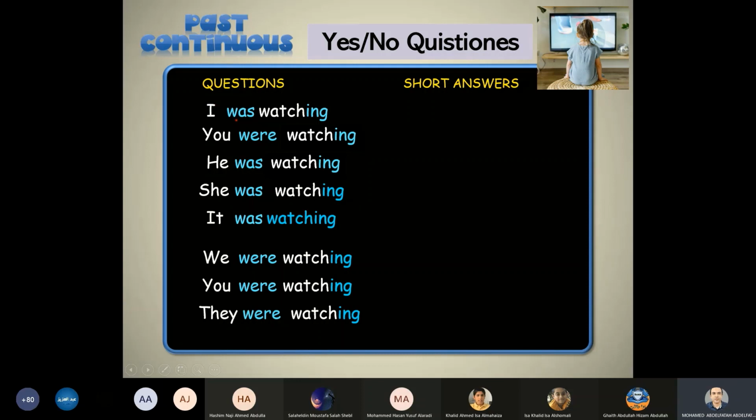Look here, was. When was in a simple sentence or a statement, it started with a small letter. But when you start with was or were, make it capital and add a full stop at the end. I was watching TV. Was I watching TV yesterday in the morning?